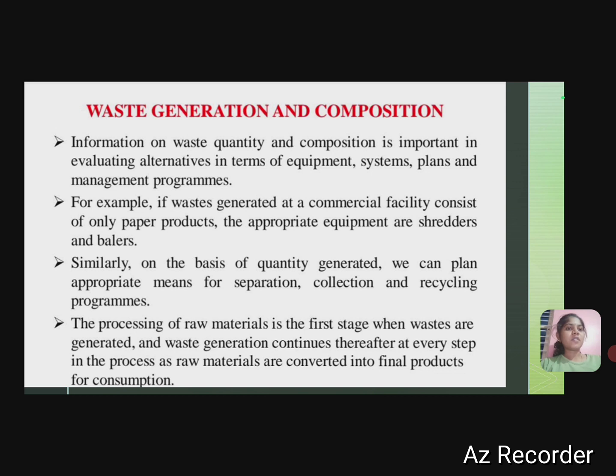Similarly, on the basis of the quantity generated, we can plan appropriate means for the separation, collection and recycling programs. The processing of raw materials is the first stage when the wastes are generated. Waste generation continues therefore at every step in the process as the raw materials are converted into final products for the consumption.